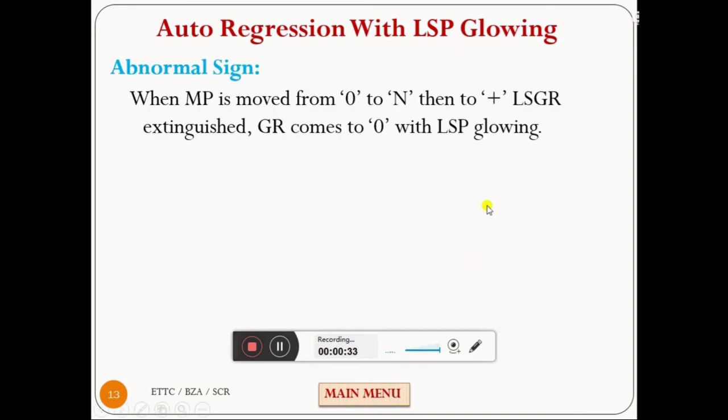The abnormal sign for this traction failure is when MP is moved from 0 to N, then to plus, LSGR extinguishes, that means GR progression takes place, and immediately GR comes to 0 with lamp LSP glowing, which means one notch progression takes place and immediately with LSP lamp glowing, notch regression also takes place.